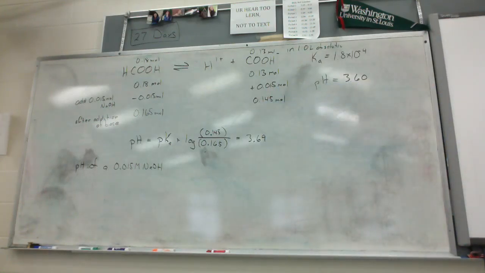Take the negative log of the 0.015, which would give us the pOH, and we subtract that from 14. I think most of you are already figuring this out.